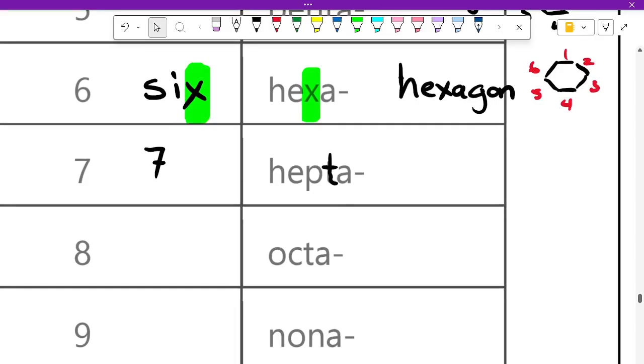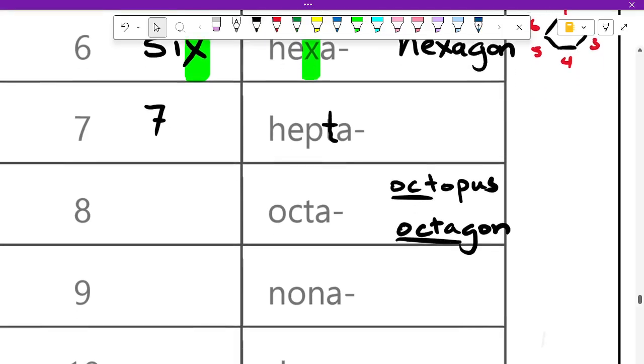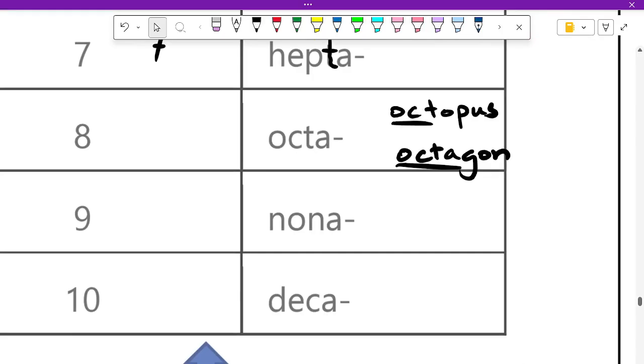Octa. This one's a little easier again, because what do we know that has to do with 8? We've got an octopus. We've got an octagon. Okay, so that's 8. Nona kind of sounds like 9, yeah?